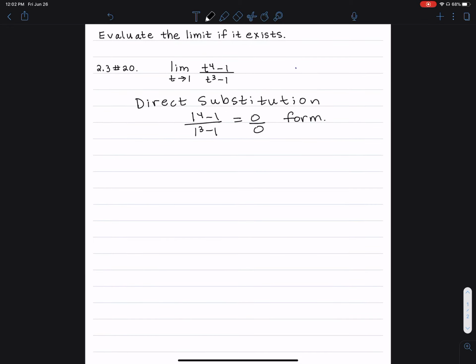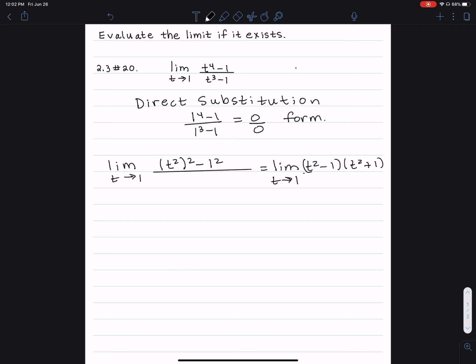So what I need to do is factor those polynomials. T to the fourth minus 1 can be thought of as t squared squared minus 1 squared. So I'm going to work a little bit on that. That's then going to give me t squared minus 1, t squared plus 1.